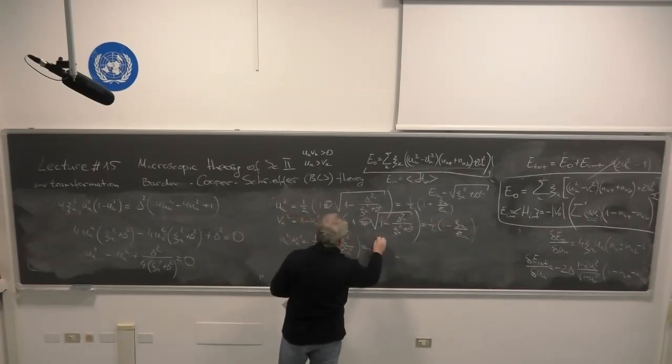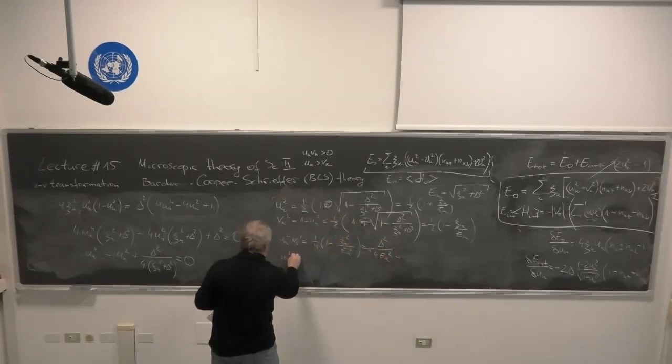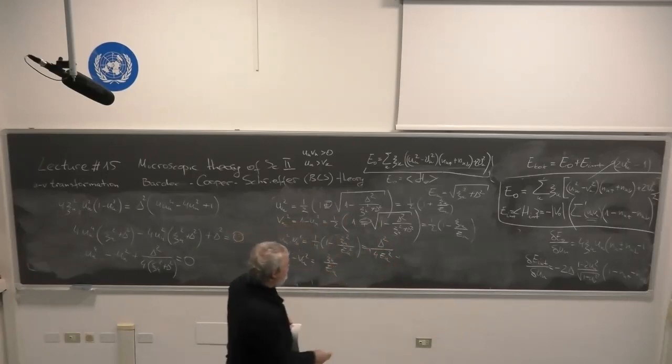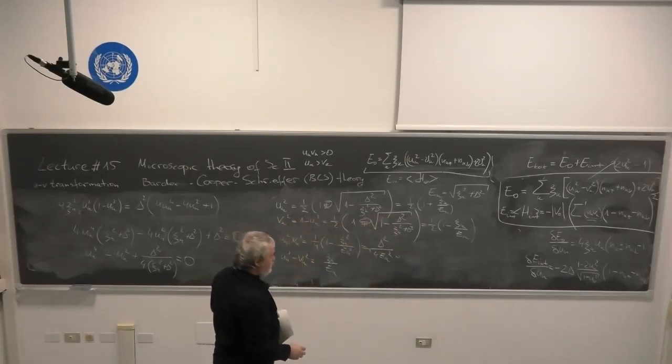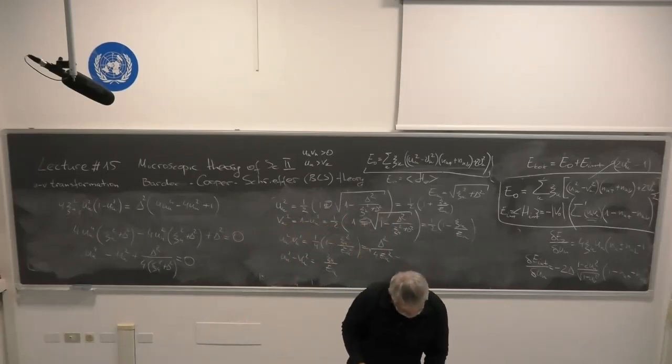So this is delta squared over 4 Ek squared, and uk squared minus vk squared is equal to psi k divided by Ek. So I have 1/2 and 1/2. That's it. Good. Now I didn't make any mistake. I can proceed.